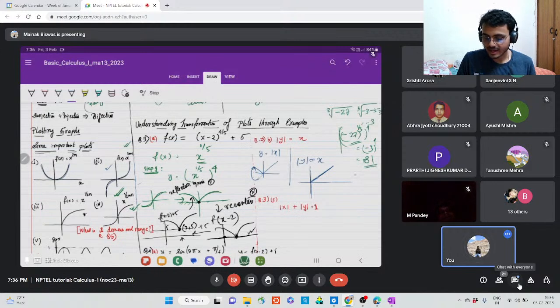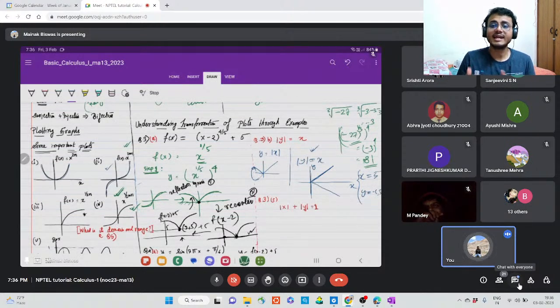Say x is greater than 0. So for what values of y does it hold? I'll give you an example, it will be very easy. Say x is equal to 5. For what values of y does this equation hold? Minus and plus 5. Very good. So you get this.